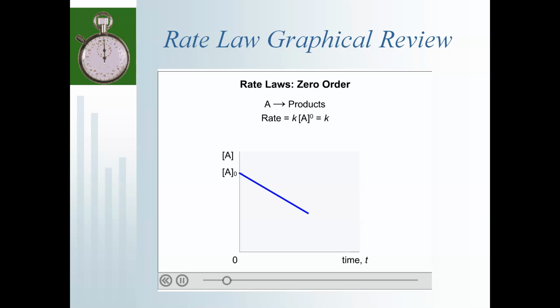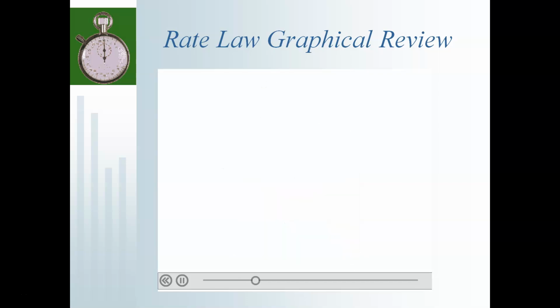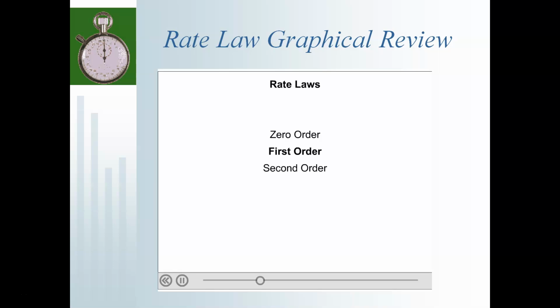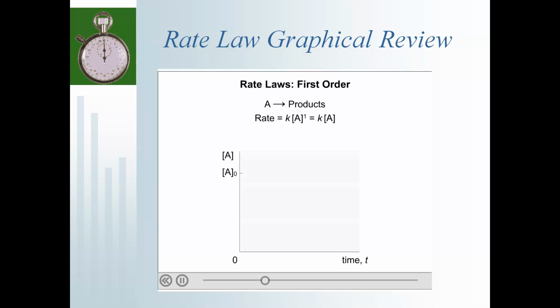In a zero-order reaction, the concentration decreases in a straight-line fashion as time progresses. The rate constant, K, can be determined from the slope of the line. In a first-order reaction, the concentration does not decrease in a straight-line fashion as time progresses.